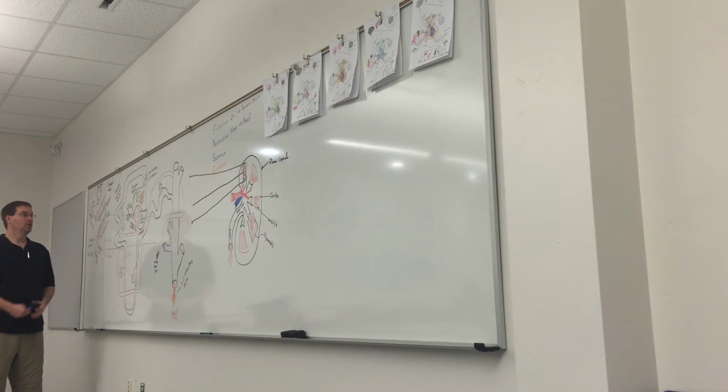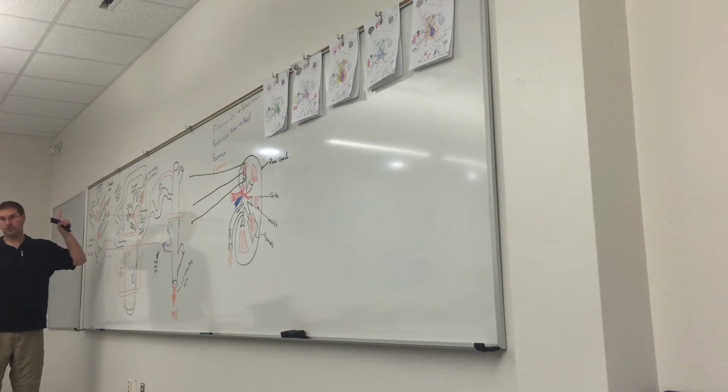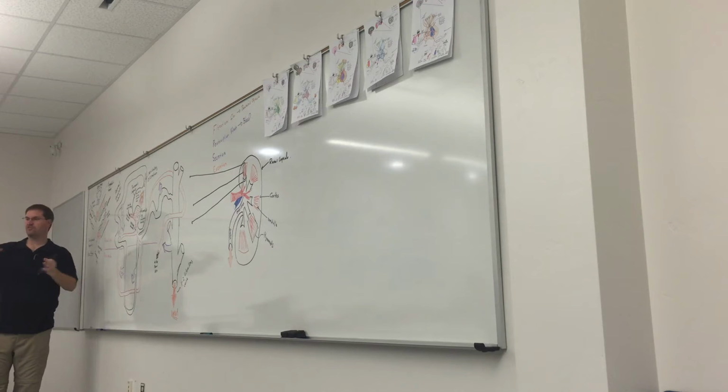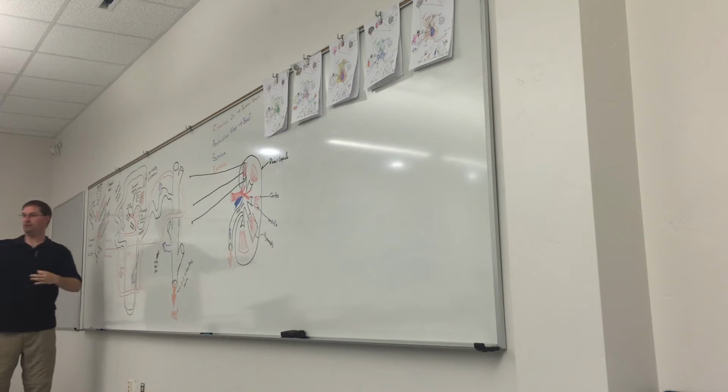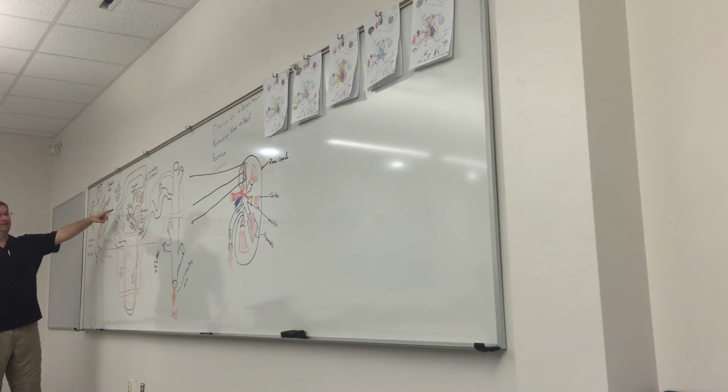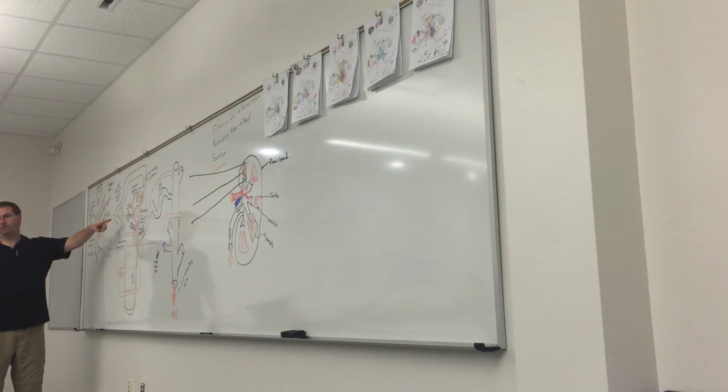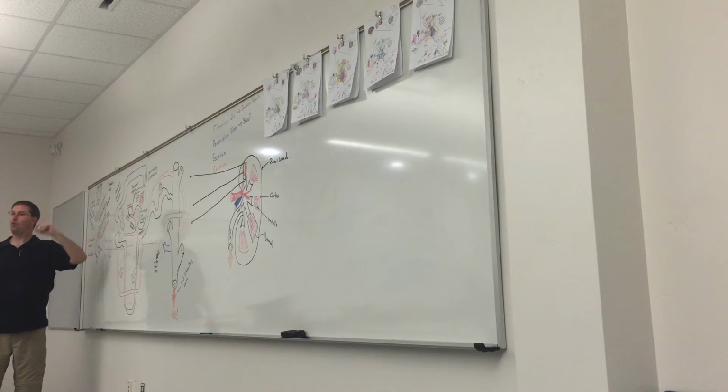What are the major things that get reabsorbed here? Sodium and chloride. I'm not even really going to talk much about chloride because it just follows sodium, so I look at those as going together. But sodium, bicarb, potassium. What else though? What always follows sodium? Water.